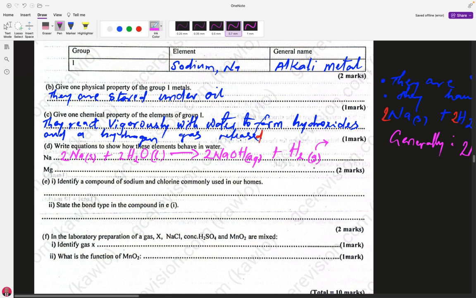Then, if I'm to write the equation for magnesium, what would it be?